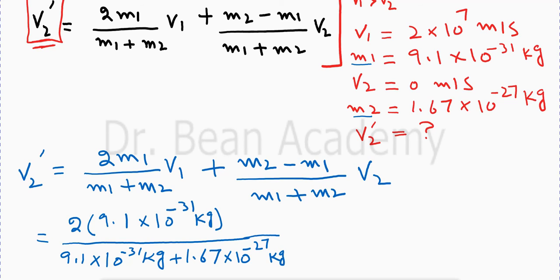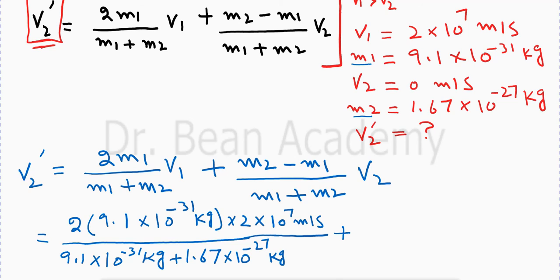And then velocity v1 is 2 × 10^7 meter per second, plus, then once again I need to take the difference of the masses.